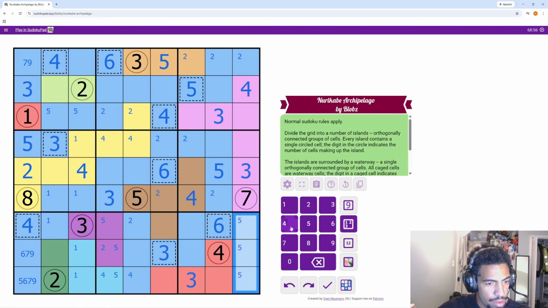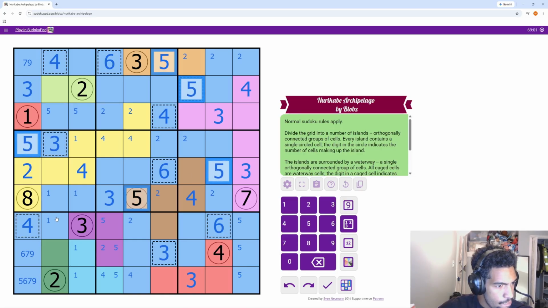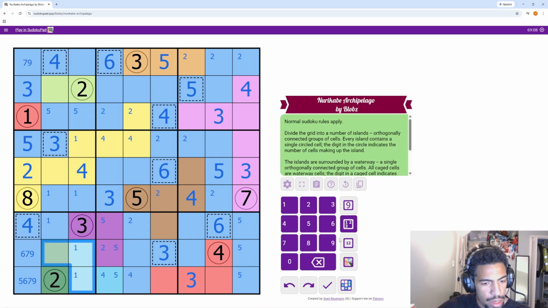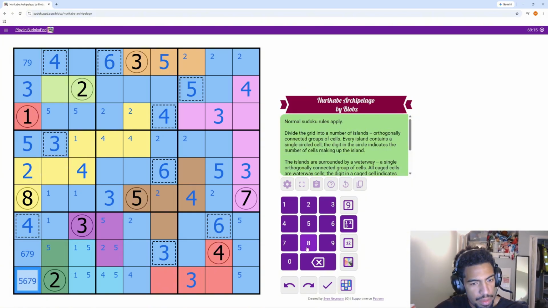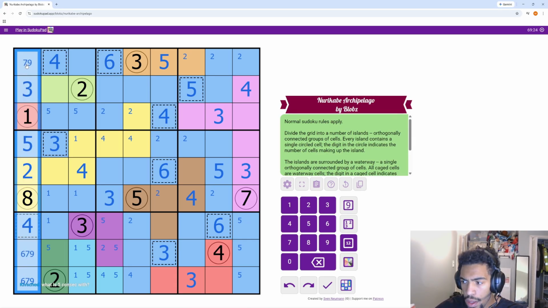And then I get a vertical 5 pencil mark. Now this 5 sees this. So I get a 5 down here. Right, this can't be a 5 anymore. 5 is consecutive with 6 and 4.